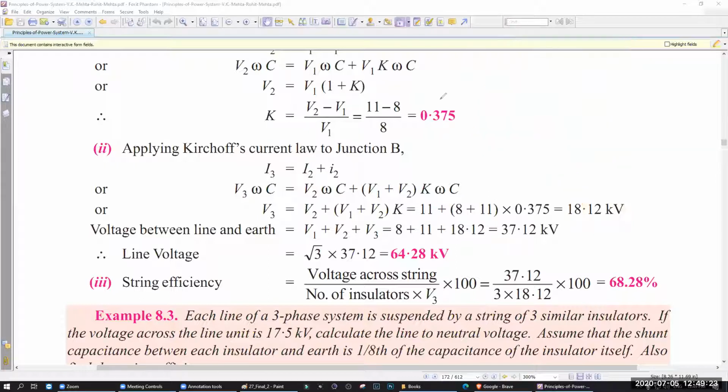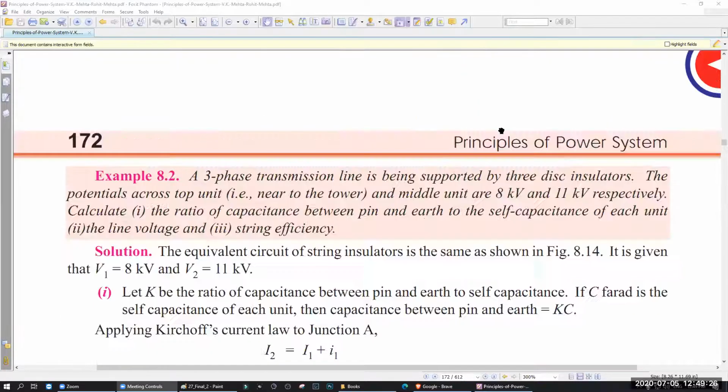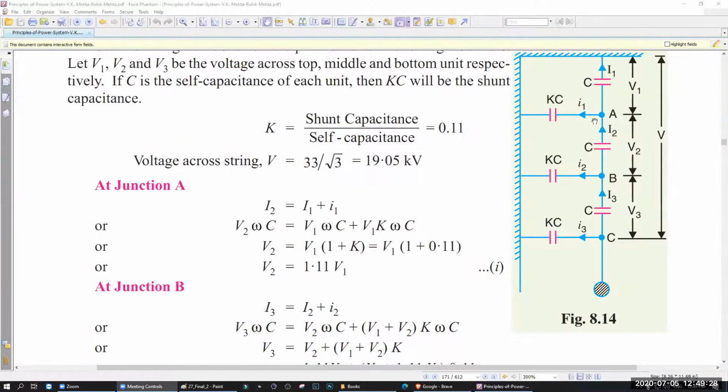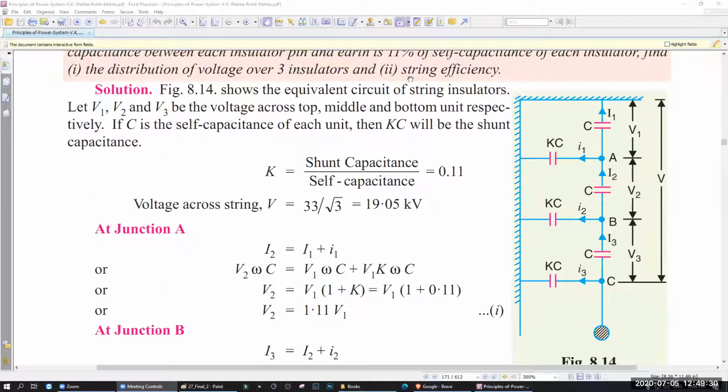Now, how to make the C1 smaller? What is C1? C1 is this one, right? How can you make this one smaller? Remember, this is the capacitance formed between pin to tower. One way of reducing it is increasing the distance between these two.